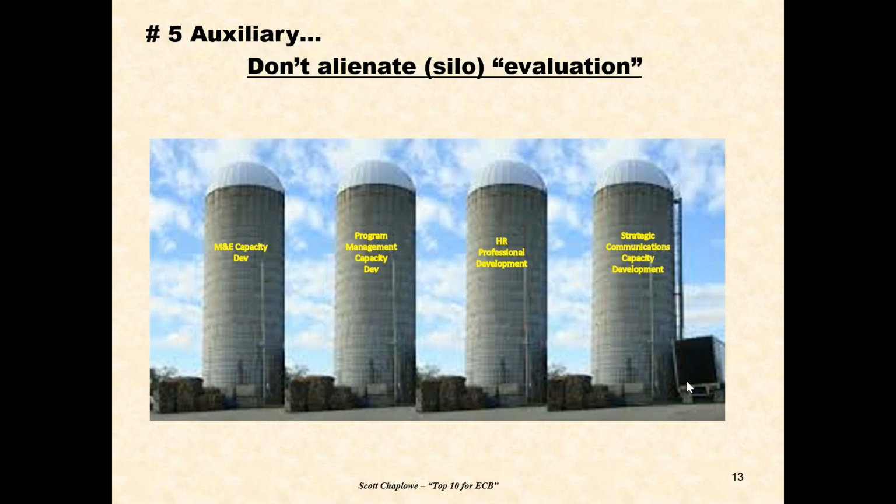Because any good program manager or project manager should be able to identify what they want to achieve and to be able to track it and determine whether or not they are achieving it or making a difference. So it's important to consider the degree to which the M&E capacity development intervention will complement or duplicate or at times even compete with other existing capacity development initiatives in the organization.